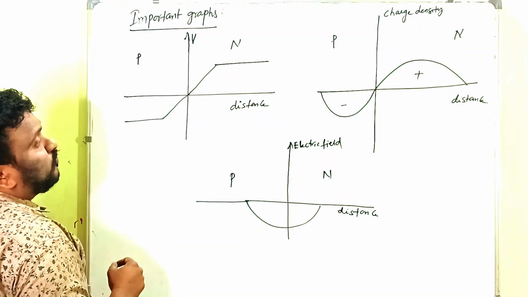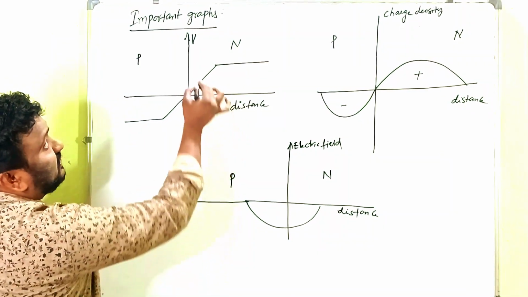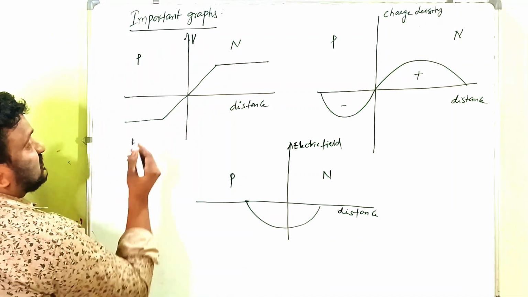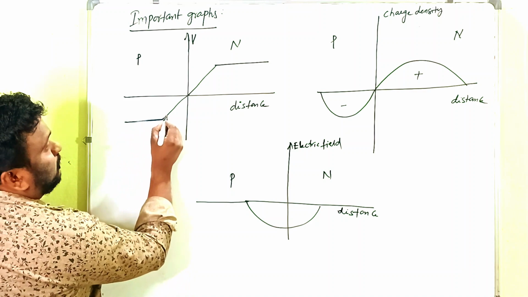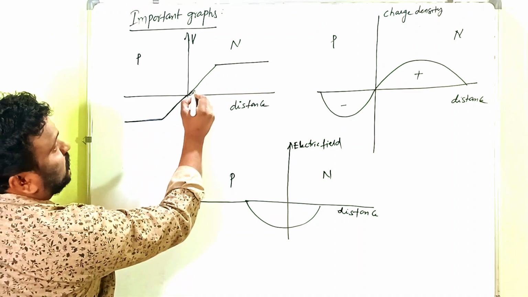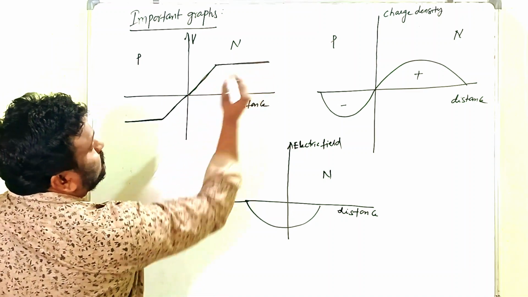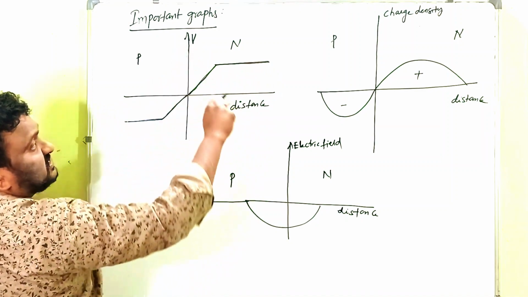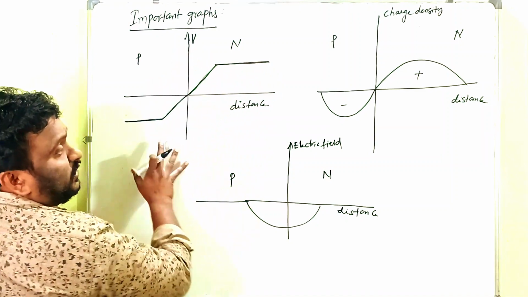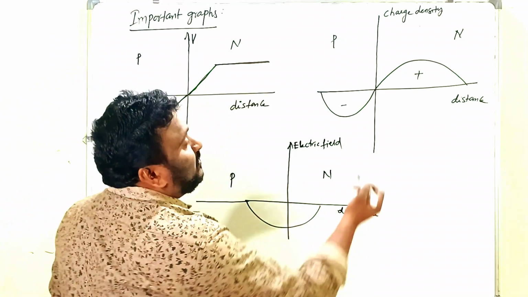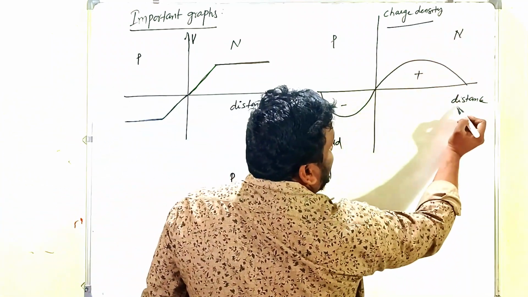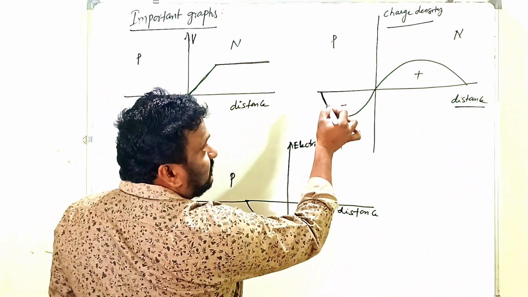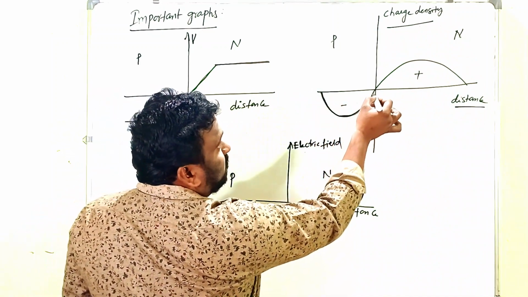If you plot the graph between distance and potential of a PN junction diode, that should be like this. So this is for P and this is for N. Okay, so if you plot the graph between potential and distance, that should seem like this. If we plot the graph between charge density and distance, then it should be like a sinusoidal wave.